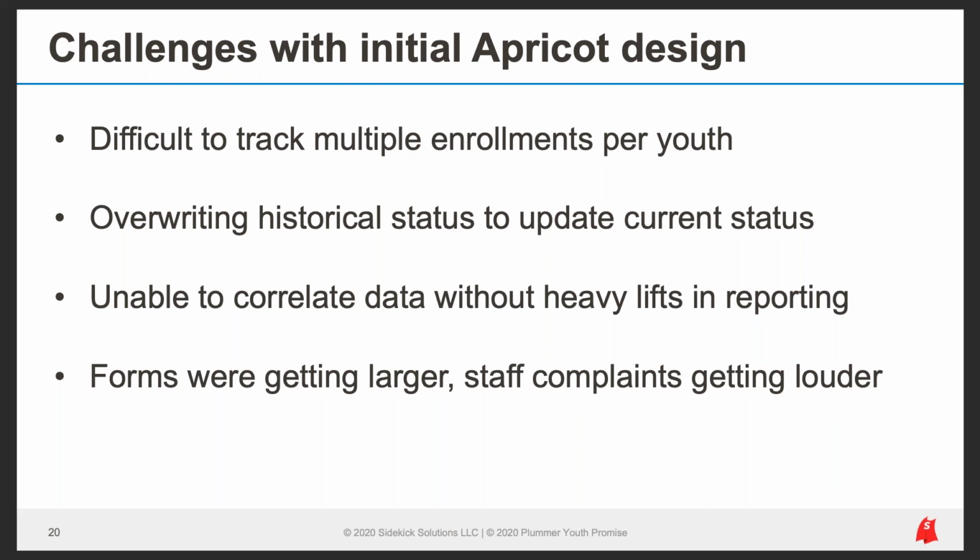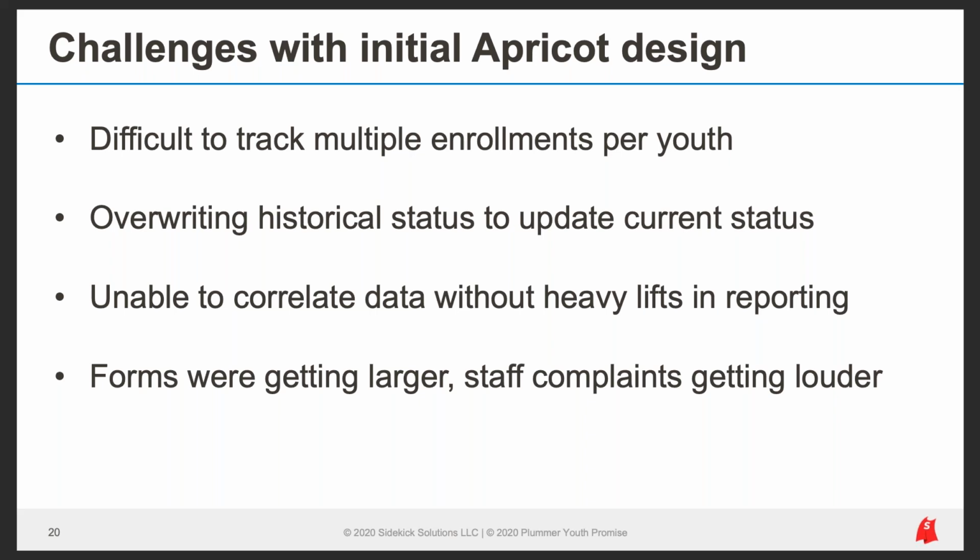So if a youth was enrolled in consecutive programs or re-enrolled after a gap following a discharge, that happens more often for us. We have individuals who might be in one program, leave and come back, or move from one of our programs to another. We were having a hard time tracking that type of movement.